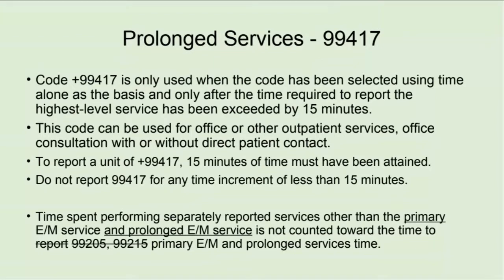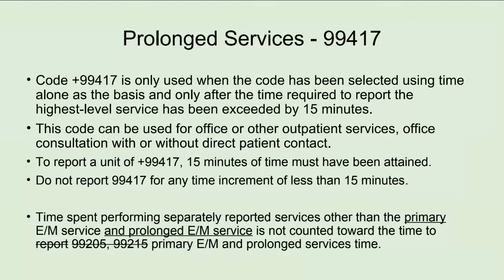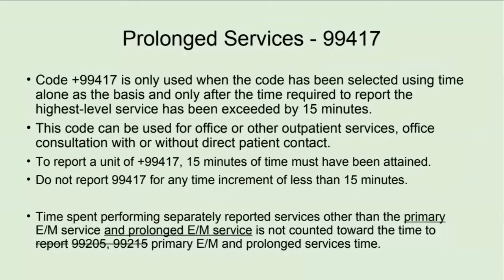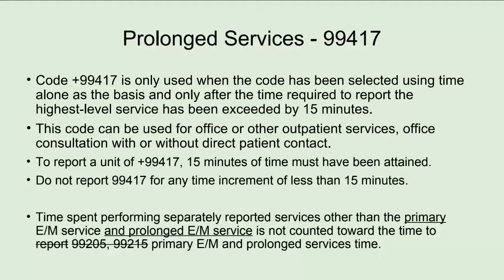Remember that the codes now have specific times that you can use. So there's a group of codes and the highest code is used. So for codes 99202 through 99205, new patient office services, this code can only be used when the time for 99205 is reached. So you can't use it with 99202 and the other lower codes in this section.